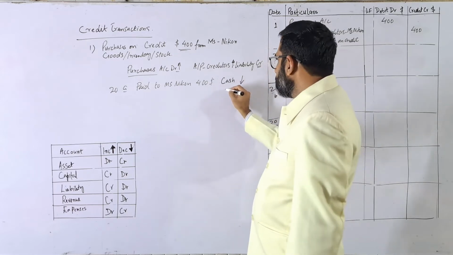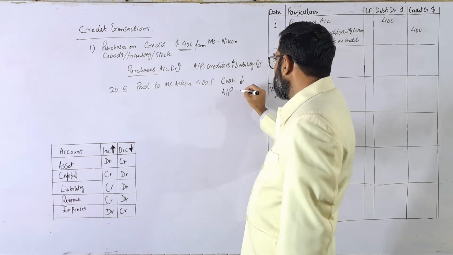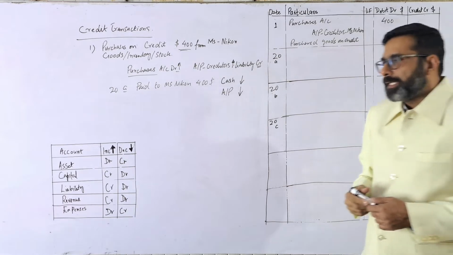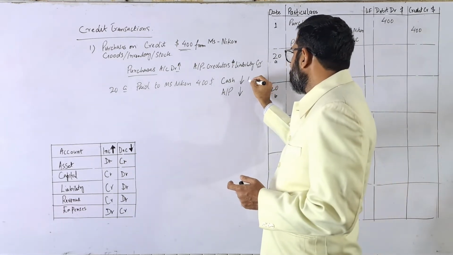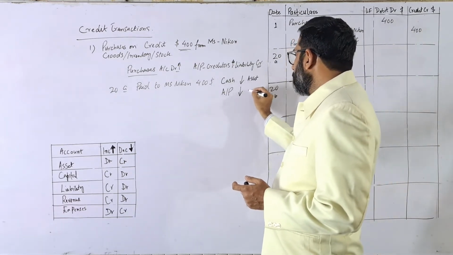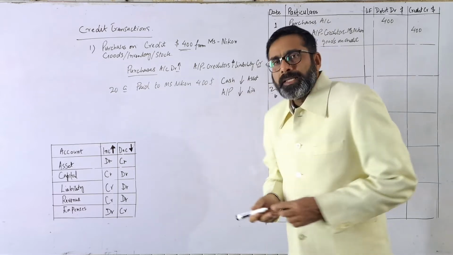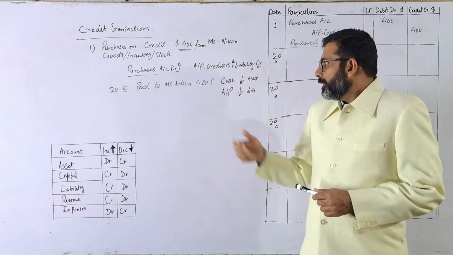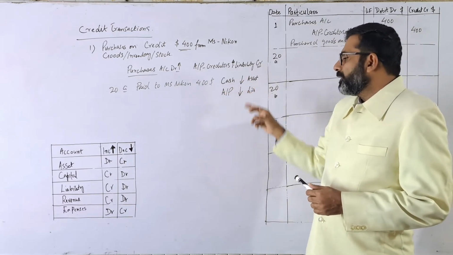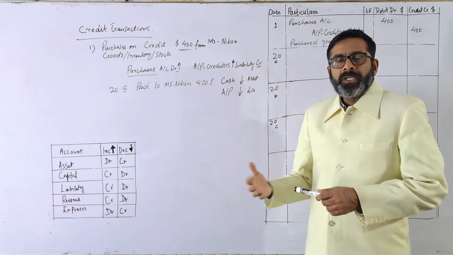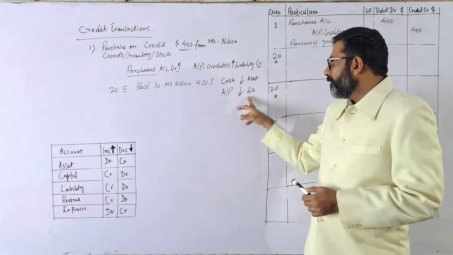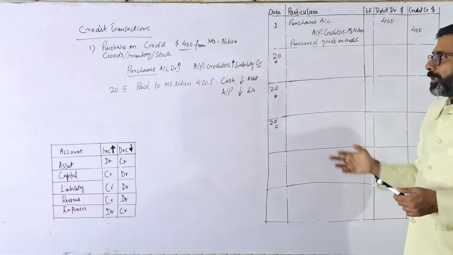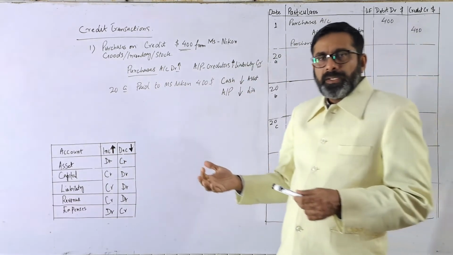So cash is decreasing, and account payable, or liability, is also decreasing. Cash is the asset, and account payable is the liability. So the asset is decreasing, and the payable is also decreasing. You are paying the cash, so cash is decreasing. In the same way, the liability was increased before, now you are paying the amount, so the liability will be decreasing.